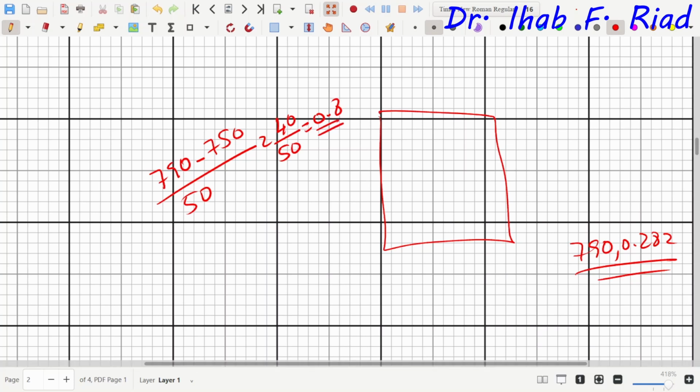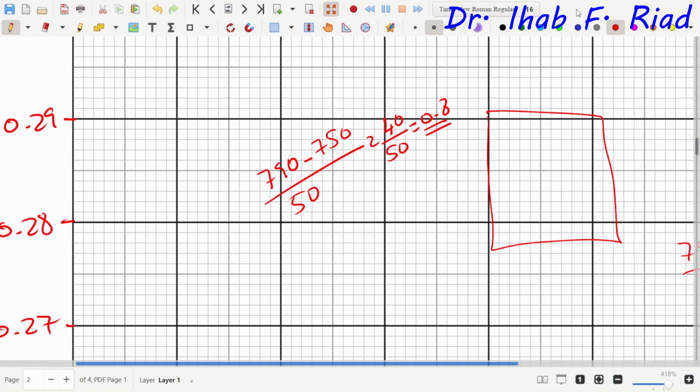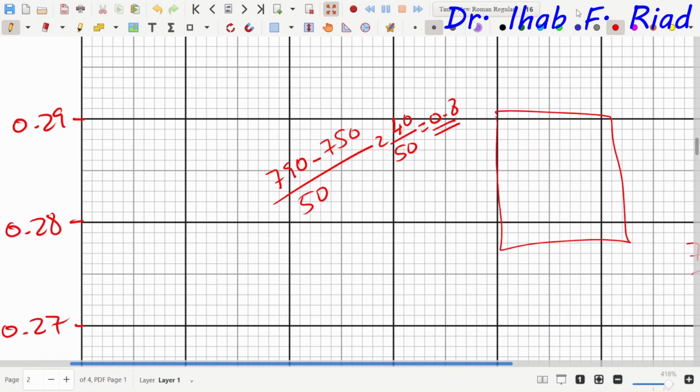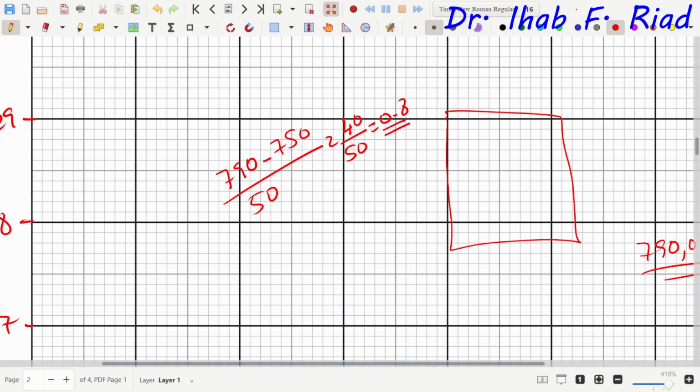What about 0.282? It is easy. It is going to be 2 small squares away from the 0.28 mark. So 5, 6, 7, 8, and we go up 2 small squares, 1 and 2. So the mark is here.